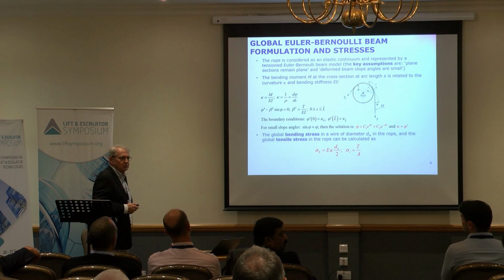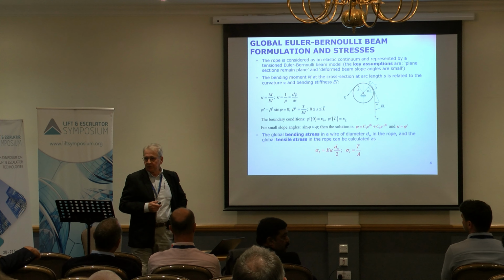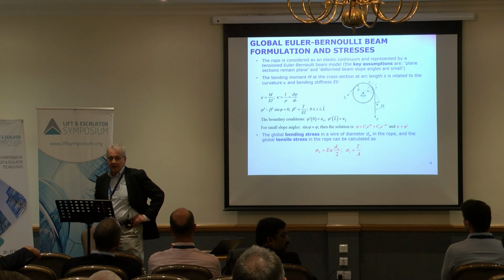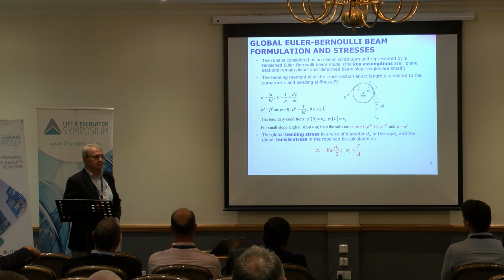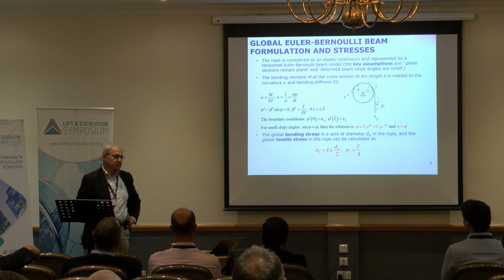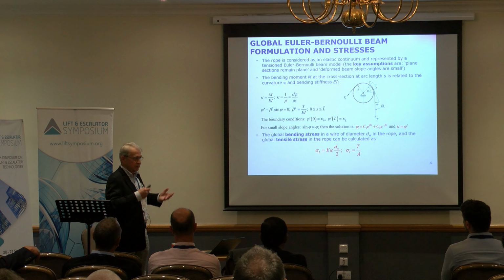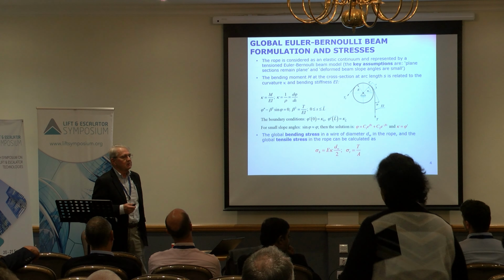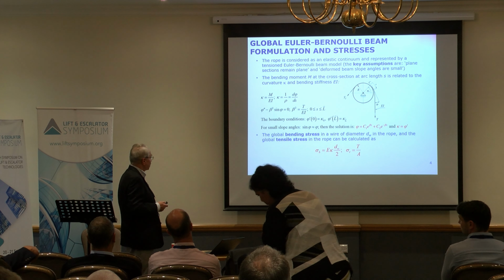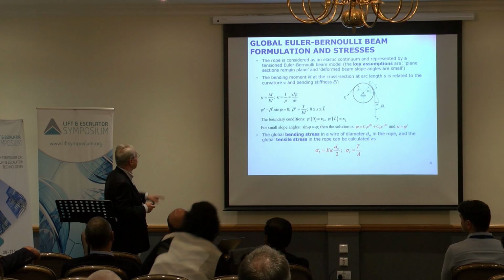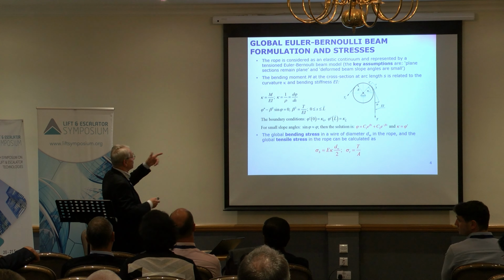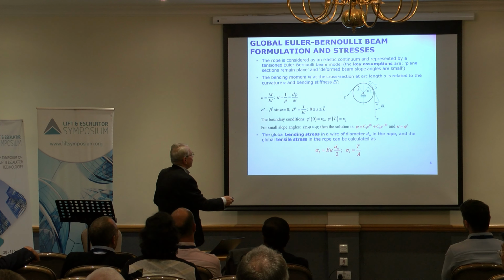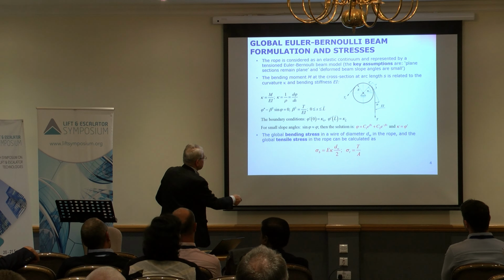This is referred to as an engineering beam model because it has been used widely since then in many applications, including the Eiffel Tower, which was constructed and is still standing. So it's quite an efficient model, and it can be used in many applications. For our needs, we will look at how to apply this model to the bending of the rope over the sheave.